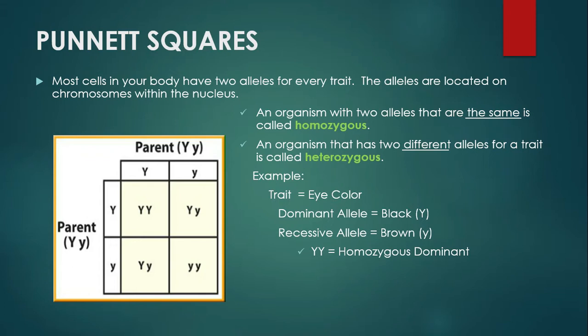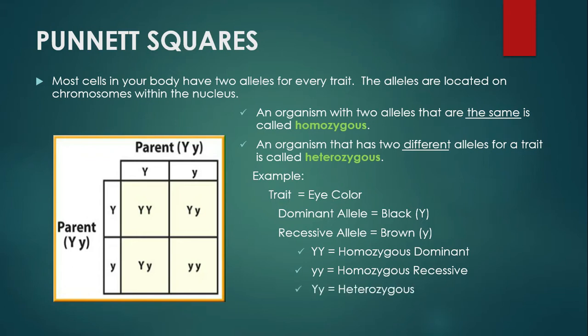Since it was said earlier that the same alleles are called homozygous, these two capital letter Y are called homozygous dominant. The other one, both written in small letter y, is what we call homozygous recessive, as a representation of the recessive allele in brown. Since they are still the same, we call this homozygous, but this time recessive because they are expressed in small letters.